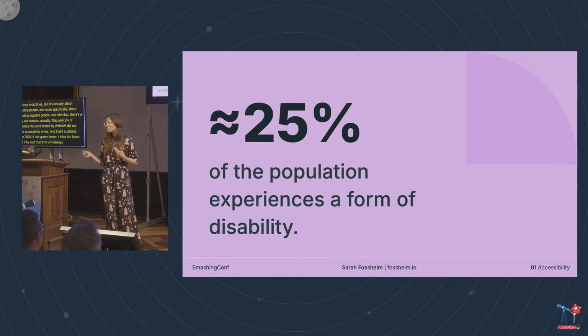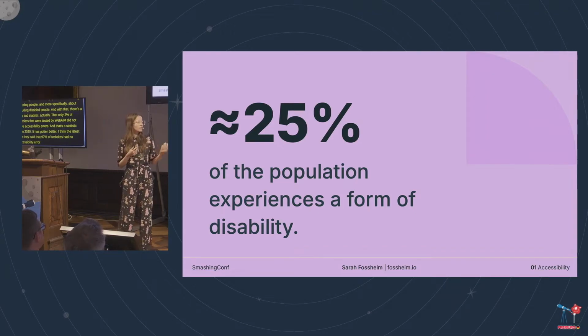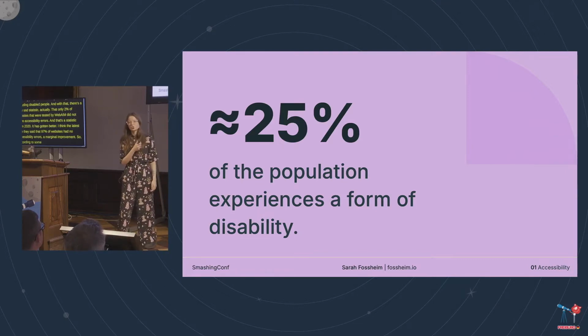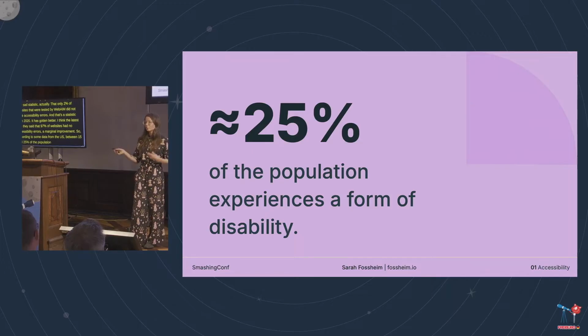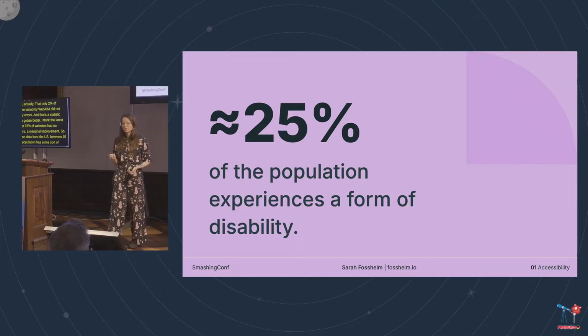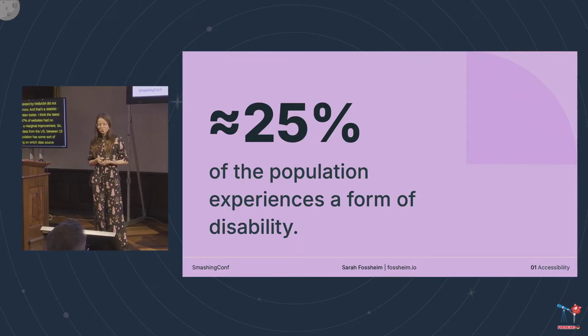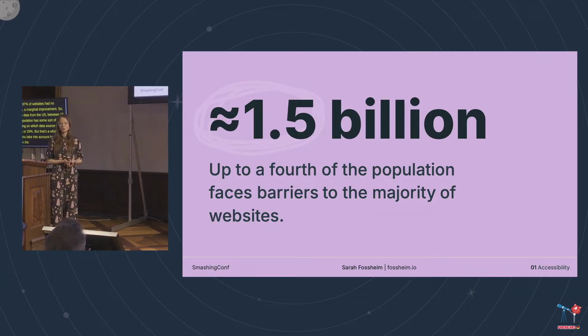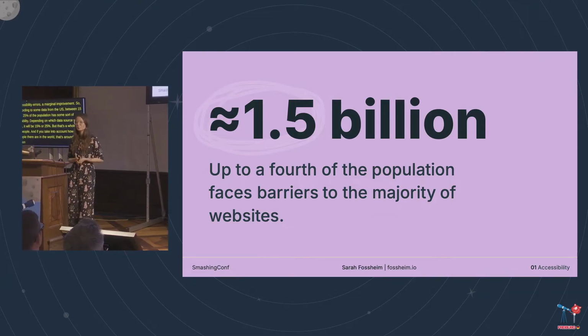But according to WHO and some data from the US, between 15 and 25% of the population has some sort of disability. Depending on which data source you use, it will be 15% or 25%, but that's a whole lot of people. And if you take into account how many people there are in the world, that's around 1.5 billion people that are excluded from the majority of our websites if we don't make them accessible.